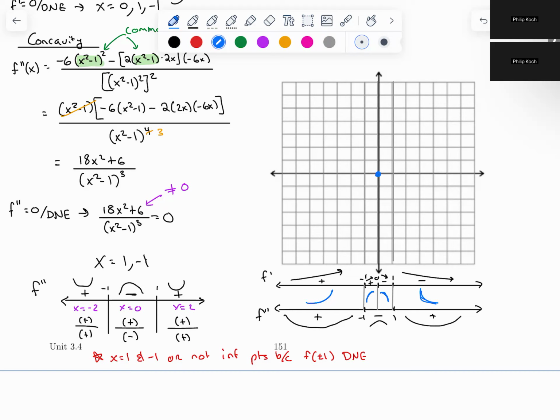I had a vertical asymptote at -1 and +1. And then I had a horizontal asymptote at y = 3. I'll draw that. 1, 2, 3. It's right there.